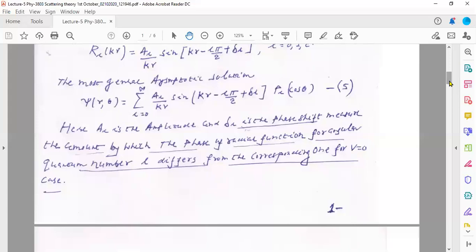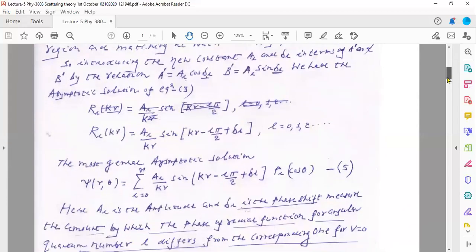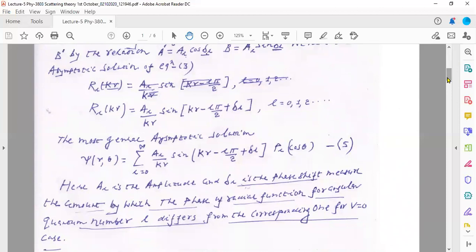So there is a change in the phase of the radial part, and this change is considered as the phase shift. I would say this is something like a phase difference. So the phase of the radial part is altered because of the potential, and how much it is altered is characterized by the phase shift, this delta L.